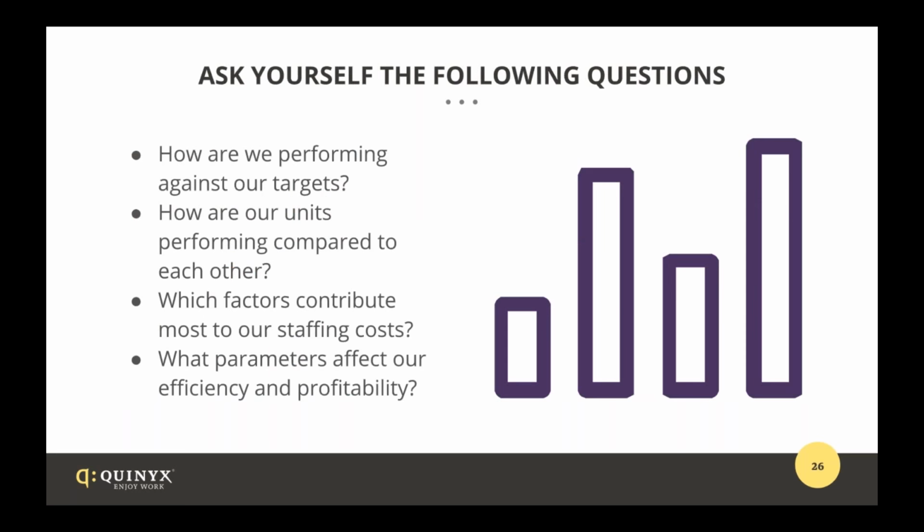So to be able to staff, have the people in the right time at the right place, there's a few questions you should ask yourself. So how are we performing against our targets? You did a great forecast, you did a great schedule, you're ready to go. Now during the month, during the weeks, you need to of course follow up and see how are we performing.